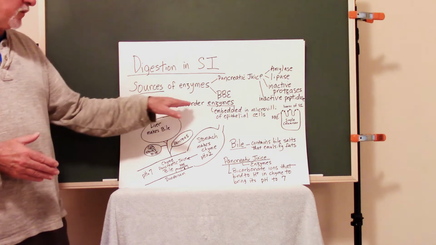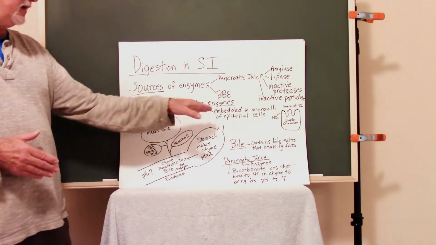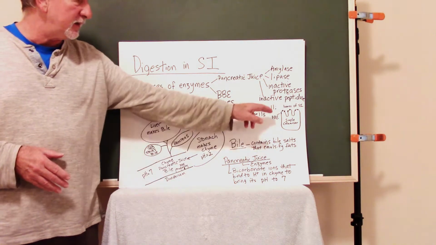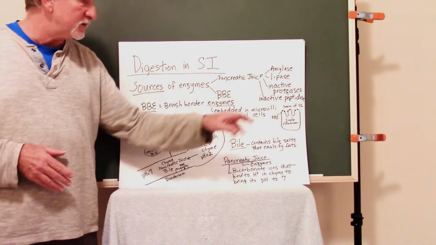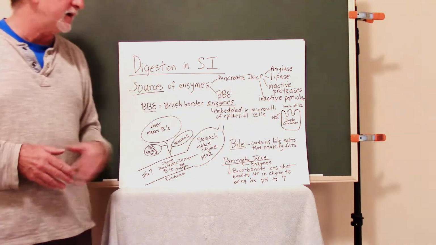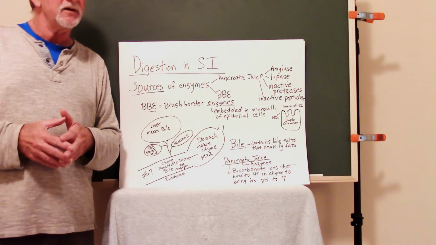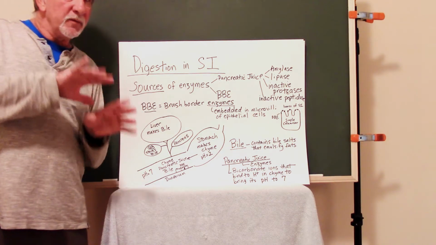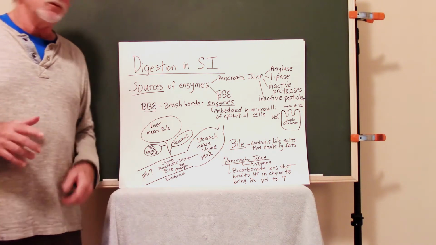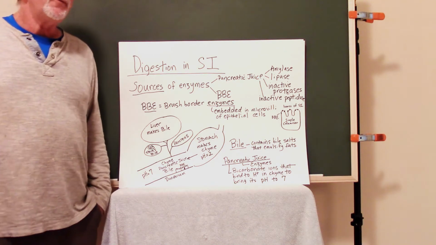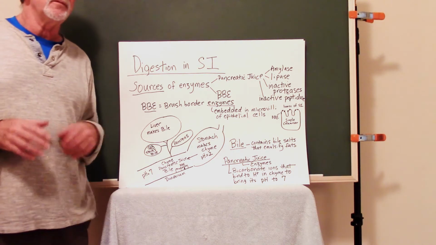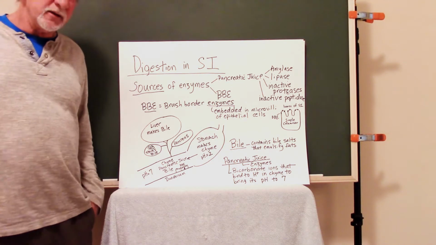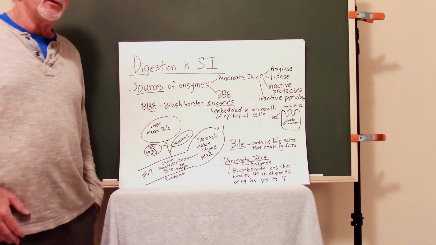And the brush border enzymes, or BBEs, are enzymes that are literally embedded into the plasma membranes associated with the microvilli of the simple columnar cells that line the small intestine. So all of the microvilli together, as we took a look in class, form what's called the brush border, because under microscopic examination they collectively look like the bristles of a brush.